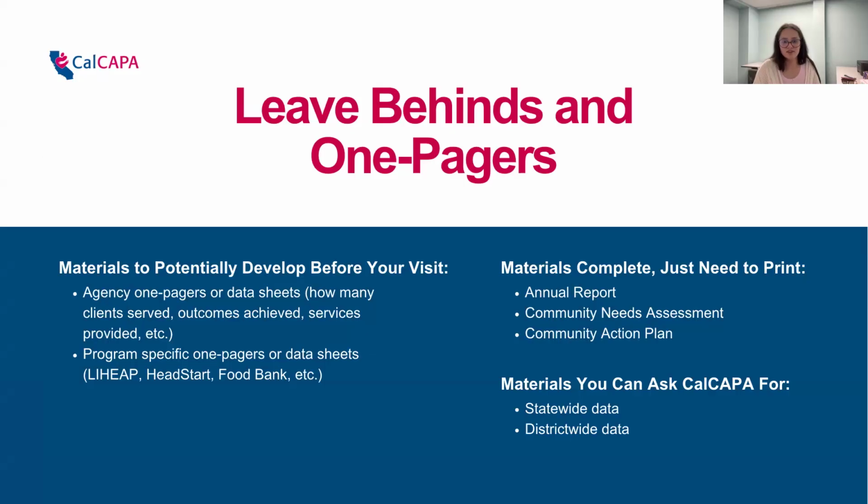Lorenzo, I don't know if you have any other specifics about what we should be leaving behind with legislators in their offices. No, I think all that's great. For example, we created just one pager of all of the things that were important to CAPOC. So again, we have an energy and food bank lines of business. So just like a quick, hey, SNAP's important to us, LIHEAP and things like that.